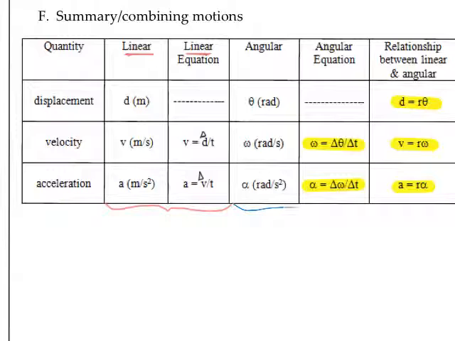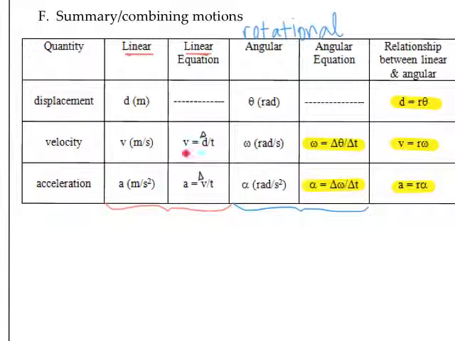Next, these two columns are the angular or rotational equivalent. So before, where we had displacement as a d in meters, now the rotational or angular version will be a theta in radians. Again, no equation, it's just a measurement. Next, we have velocity.